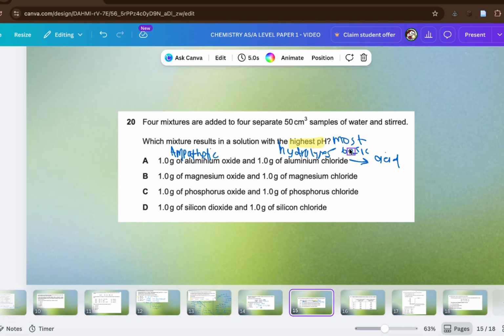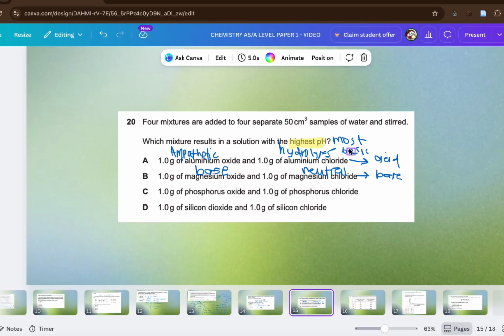Okay, A is eliminated. Next, magnesium oxide. It's a base, while magnesium chloride is neutral. Mixing the two together, of course, will result in a basic solution.